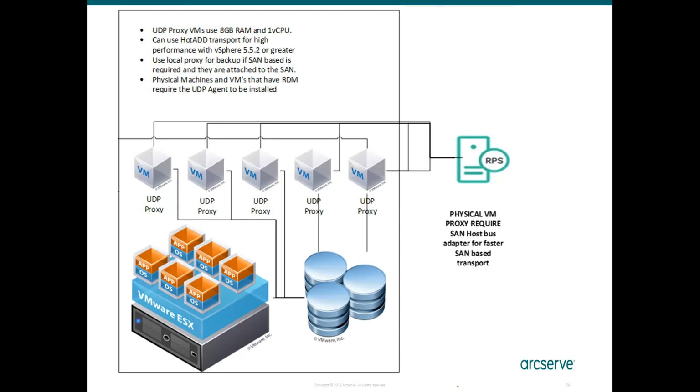So proxies are very important, as you can see here, in order to access, again, based on the size of the virtual environment, how frequent we're doing backups, if we're doing other things on the host. These are some things to consider. You may have to have multiple proxies to get data, especially if you're trying to do concurrent backups. Remember, there's only 24 hours in a day.